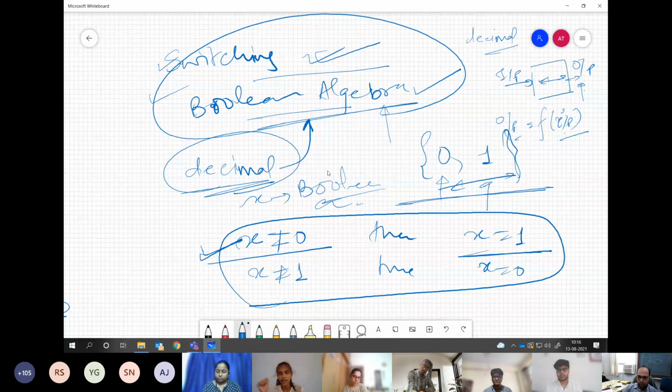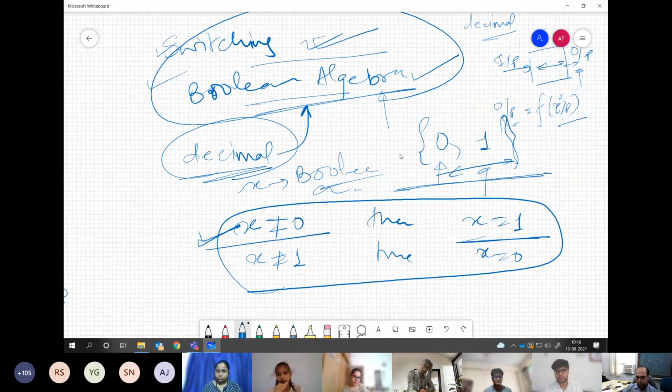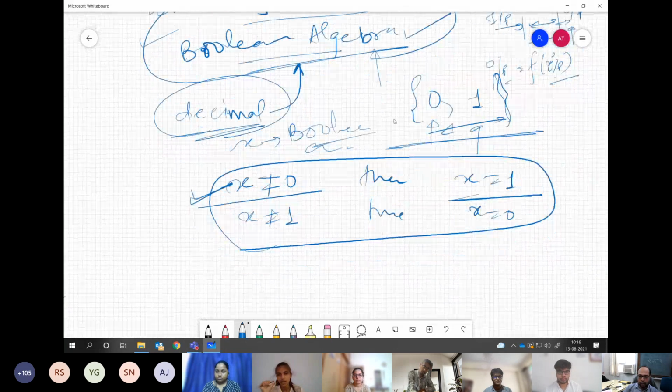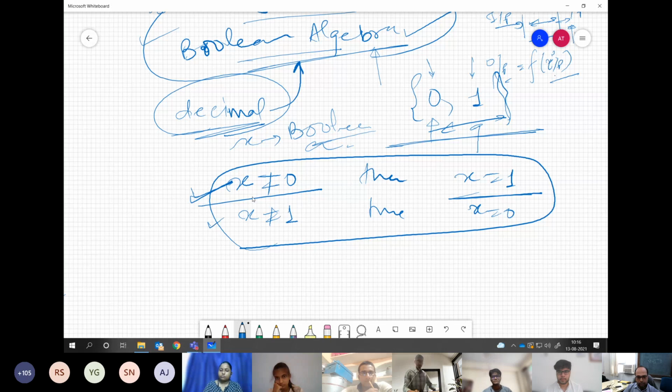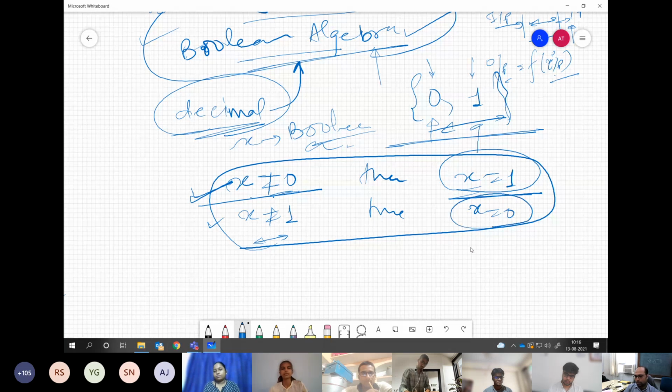So the first thing we need to understand for this system is that we have only two values which any variable can attain. And we have given the strict rule that if and only if x is not equal to 0, then x is 1. And if and only if x is not equal to 1, then x is equal to 0. Which means there is no ambiguity in this.